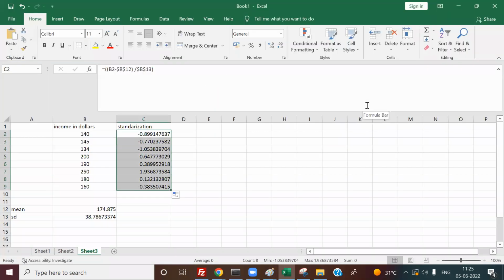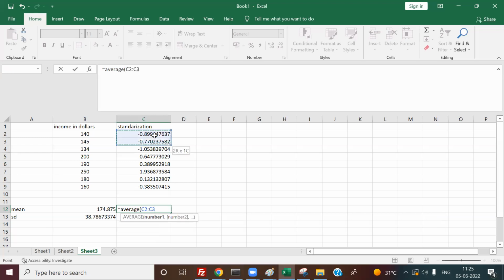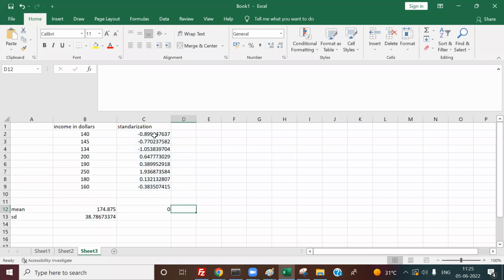Now let's find the mean and standard deviation for this new data. I know what the answer is going to be, but I'm still putting in the formula. Mean is 0.